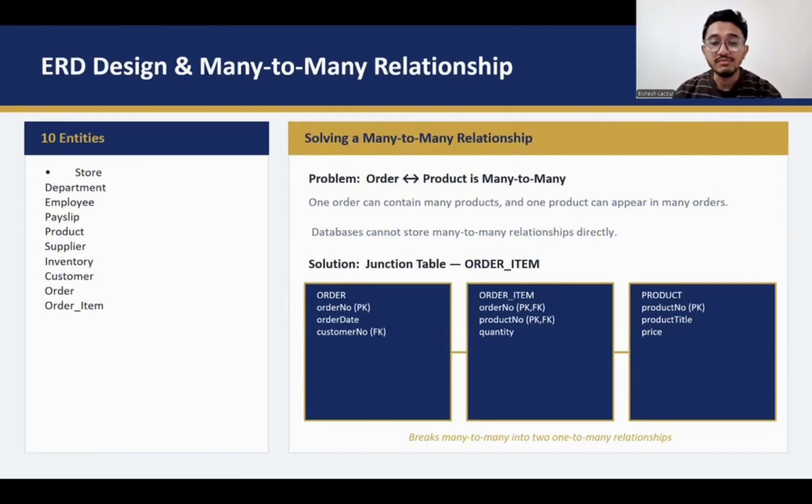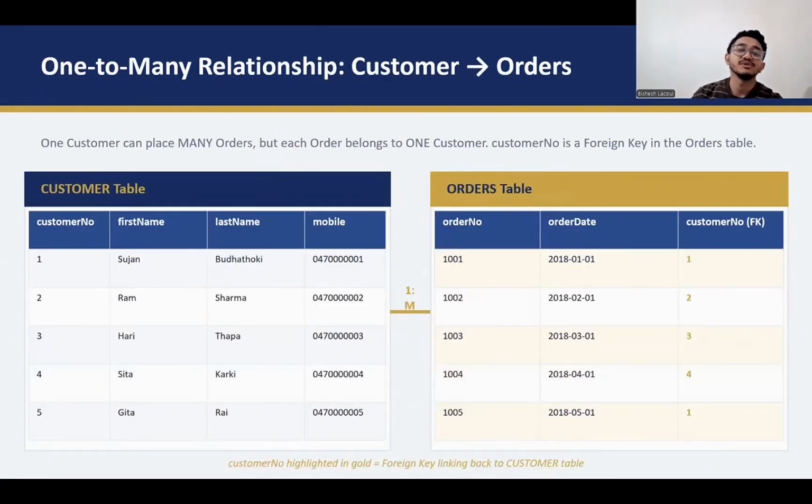To solve this, we created a new table called order item, which is also known as the junction table. This table stores order number, product number, and quantity. This converts the many to many relationship into two one to many relationships. Okay, so moving to the next slide.